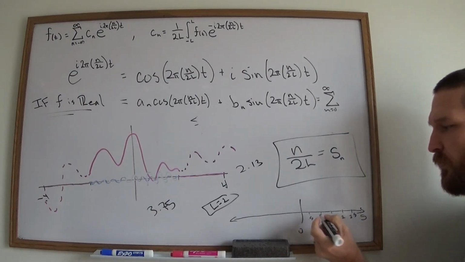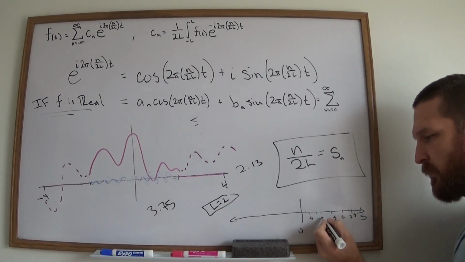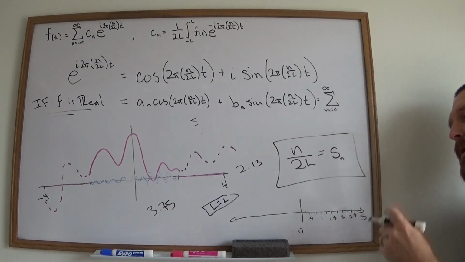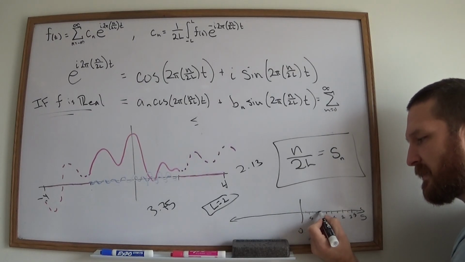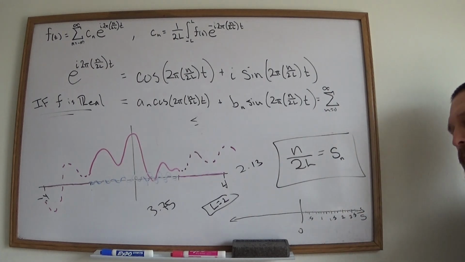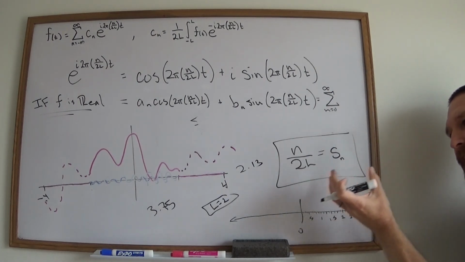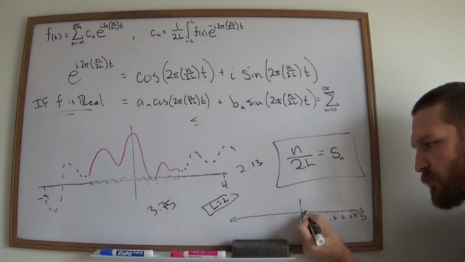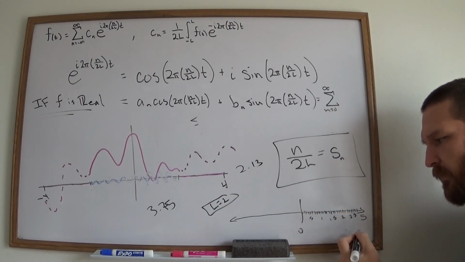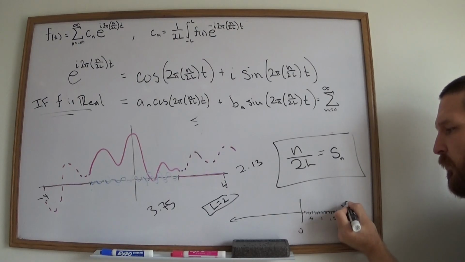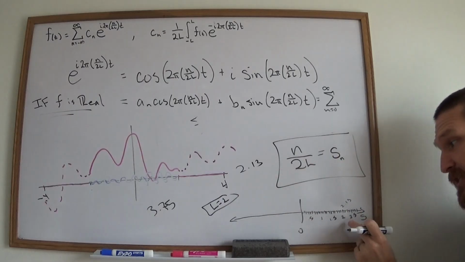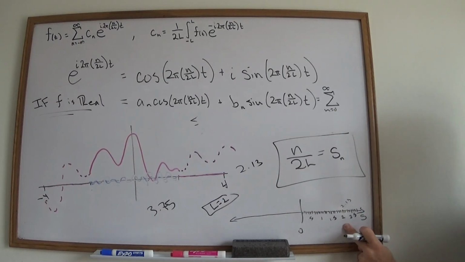When L equals 2, we were able to get 0.25, 0.75, 1.25, 1.75, all of these guys there. Make it bigger and you'll get all of these little guys here. And you can imagine what's going to happen as L gets bigger and bigger. When L gets really, really large, you could get arbitrarily close, right? You pick the frequency that you're looking for here. Like we said, 2.13 is the one that we're looking for. Well, keep making L bigger and bigger and bigger, and you'll be able to find one for that, right?